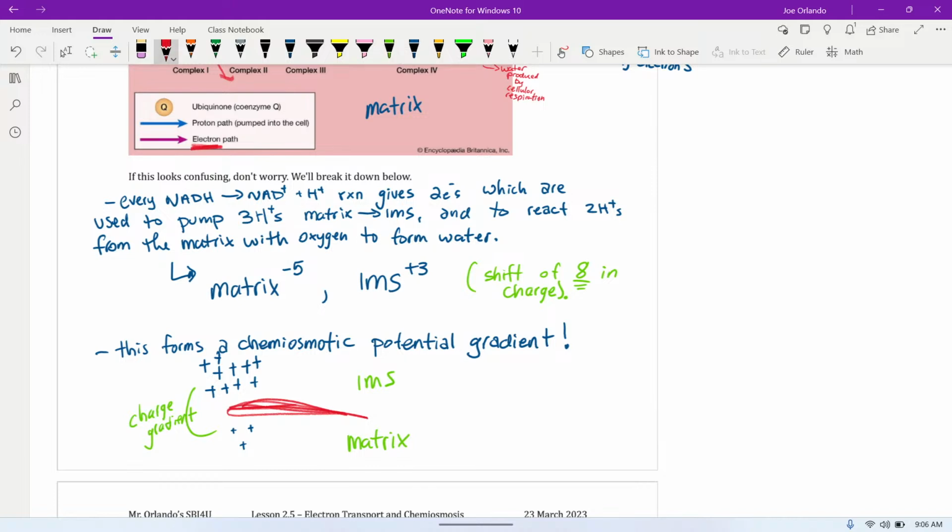But it's not just a charge gradient we have, because we also just have more H plus ions here, specifically H plus, and we have fewer here. That is a chemical gradient that's going to want to result in diffusion.